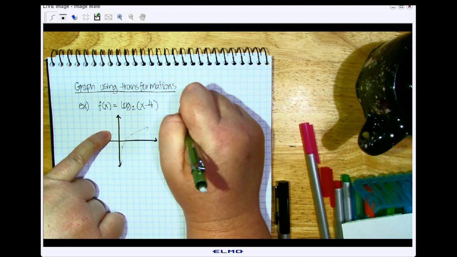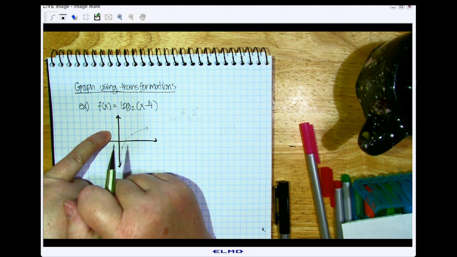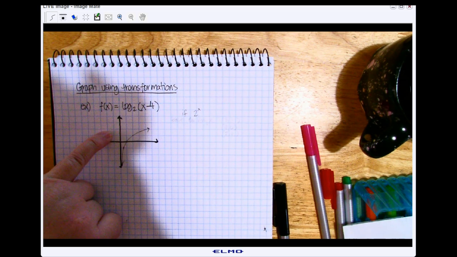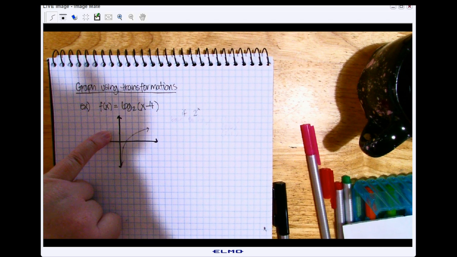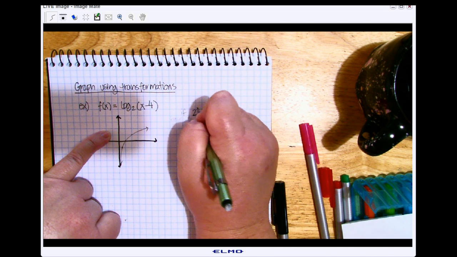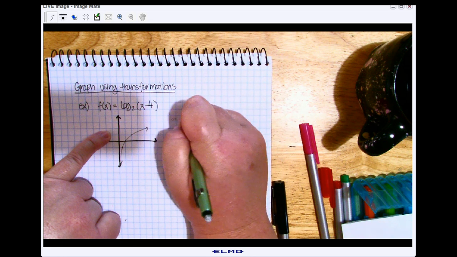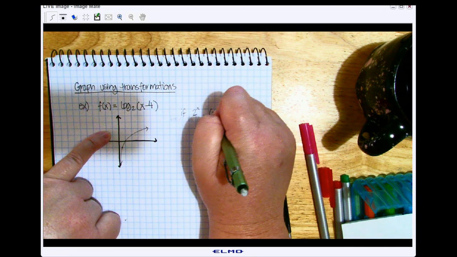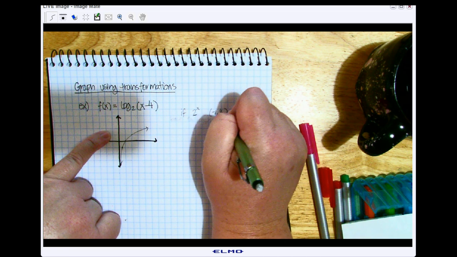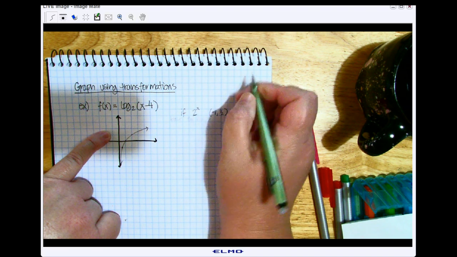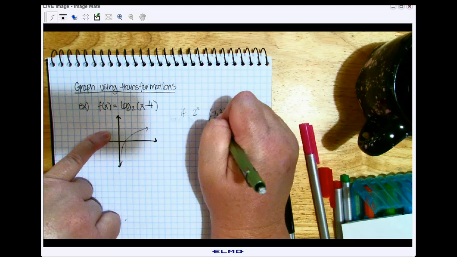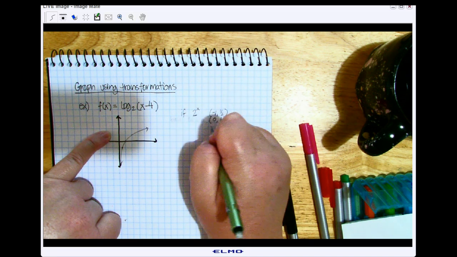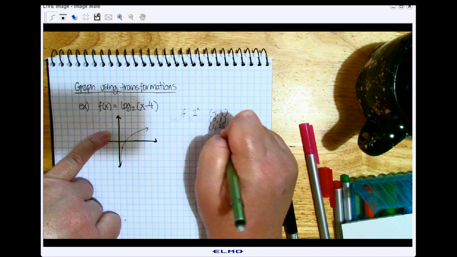If this was 2 to the x power, then I could use the 3 points that we did last week, right? I'd have -1, 1/2. 2 to the -1 power is 1/2. If I let x be 0, this would be a 1. And if I let x be a 1, then that would be 2.